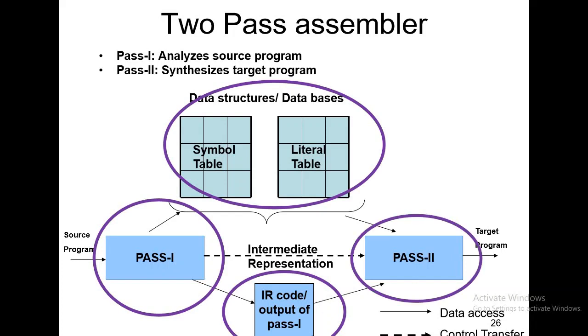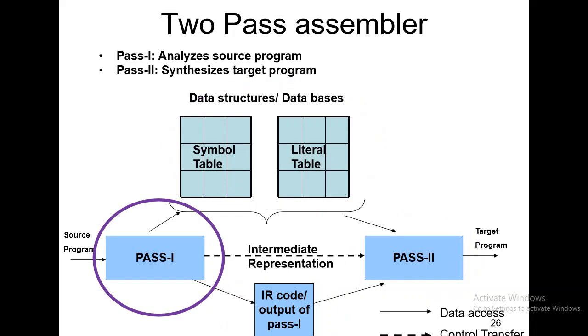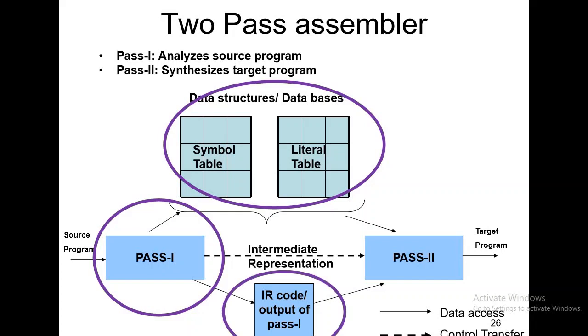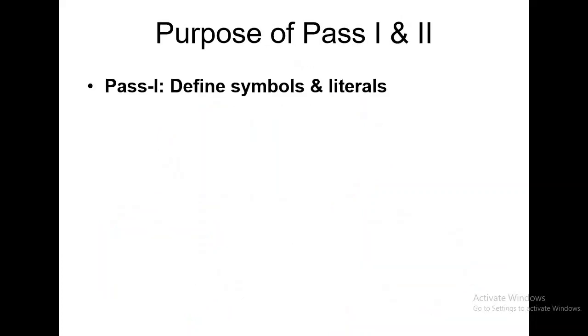This is the pass 1 assembler. After that, the data structures, or we can say the database, generated from the pass 1 assembler, as well as the intermediate code, are all given as an input to pass 2, and it will generate the target program.